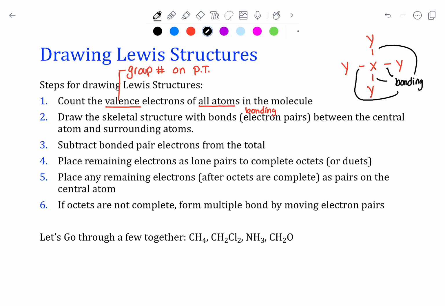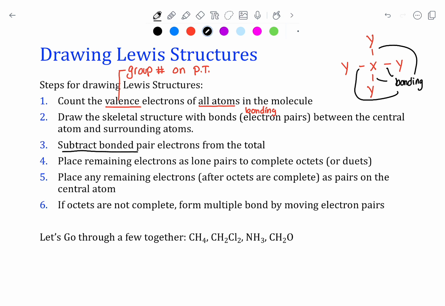Once we have drawn our skeletal structure and have shown all of our bonds with dashes, we subtract the bonded pair electrons from the total number of electrons that we had overall. The idea here is that every atom is contributing its valence electrons to form this structure. So we think of the electrons going into one big pot, and then we're essentially distributing them evenly throughout the entire molecule because those electrons are being shared.